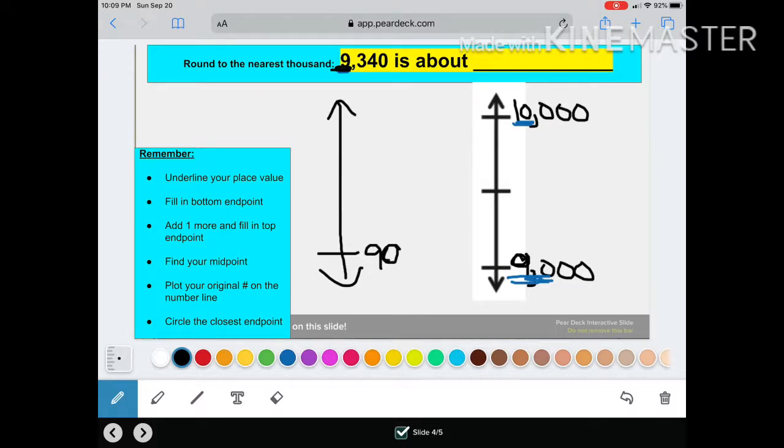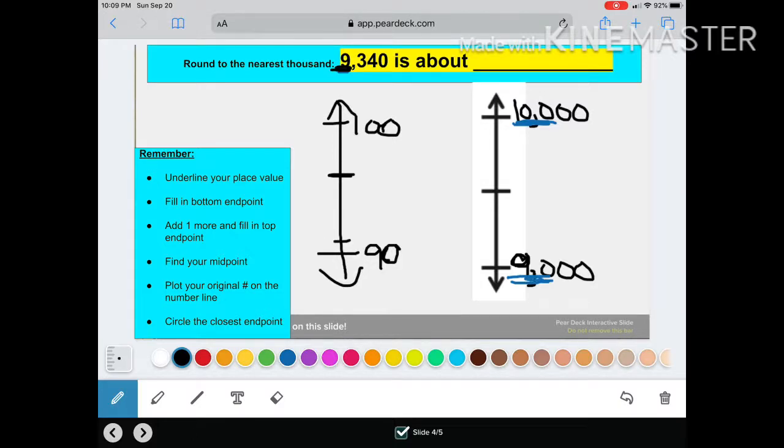And you guys will notice that if I underline my first 0 on my top endpoint, I just have the number 10. So in this case, we're going to have to actually underline, just like we did in our previous video, another 0 just so that we have 10 more. Now we're able to go ahead and round and find that midpoint, halfway between 90 and 100.